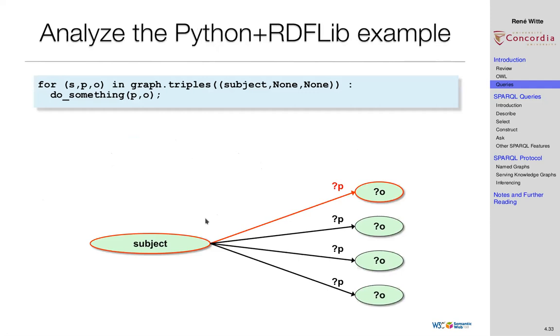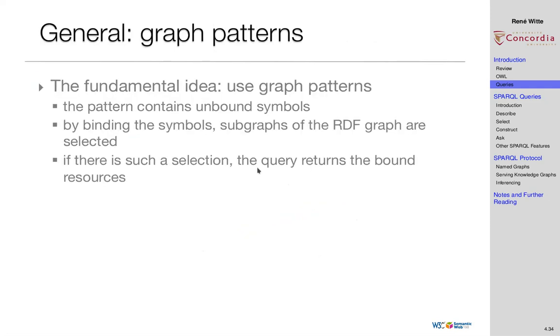To understand how SPARQL works, again, let's look at the pattern that we had here. So we specified a subject. So this is a fixed URI. And then starting from this URI, we want to find all the objects connected with a certain property. And then you would go through all of these and then you can do something with them. So this is the core idea of a graph pattern, meaning a pattern that we want to apply on a graph.